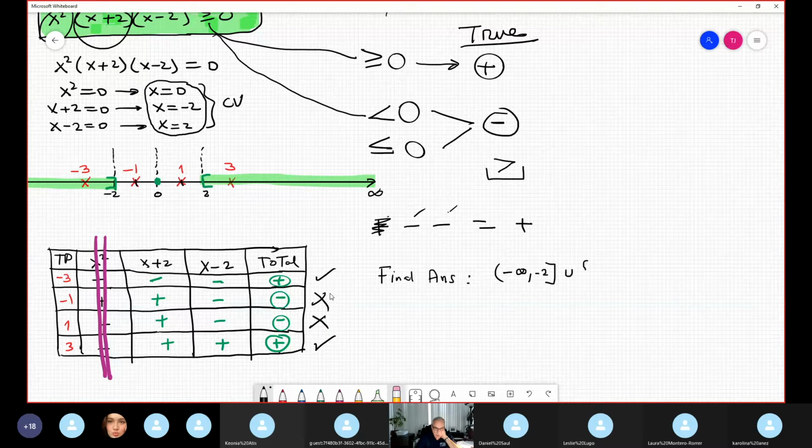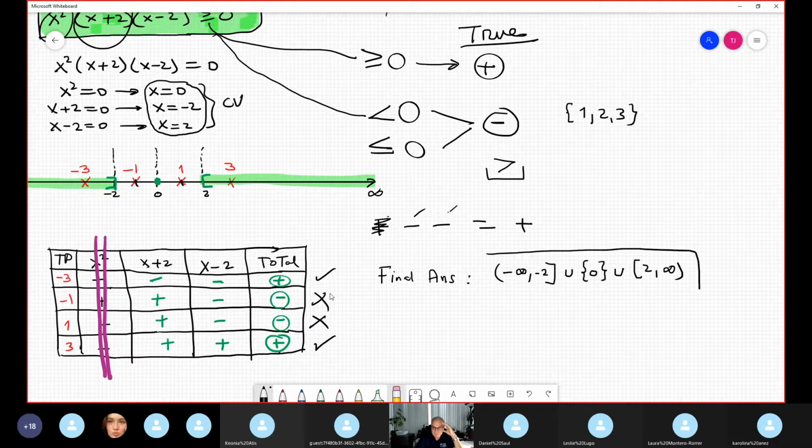Union 0, which is one isolated point. I indicate this symbol similar to the solution for the equation. When you solve the equation, you say the solution is 1, 2, 3, separating the values by commas and using curly brackets. This is the same idea. Union, bracket 2, comma, infinity. This is my final answer.